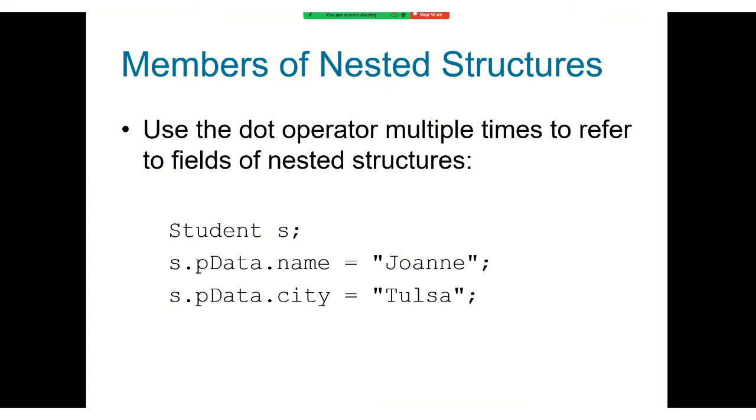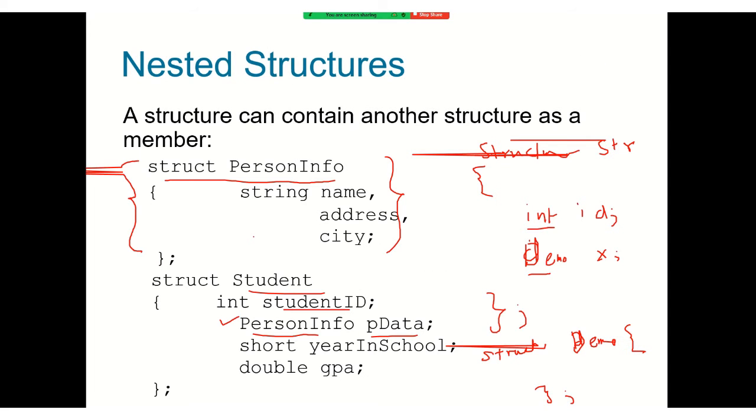Okay. So members of the nested structures are accessed in the same way, but how do you access, let us say for the student, if you have defined the student as s, equals, I mean, all those informations are, let us say, populated.